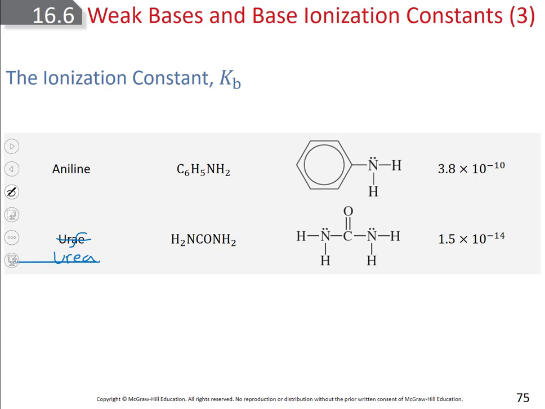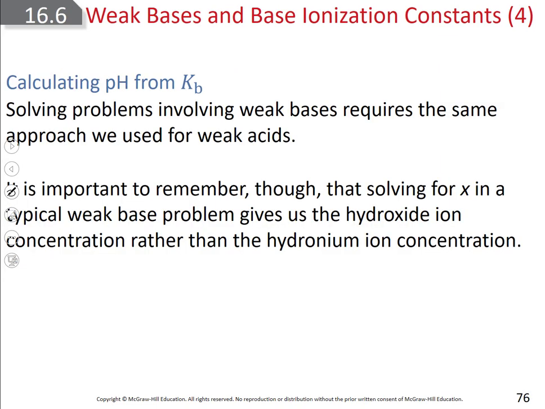Now, as for finding the pH, it's the exact same thing we did with the acids. We're going to write that equilibrium expression or equilibrium reaction. We're going to construct an ice table, and we're going to solve for X, the exact same way we did with the acids. The difference is, with weak acids, X was equal to the concentration of hydronium, H3O+.